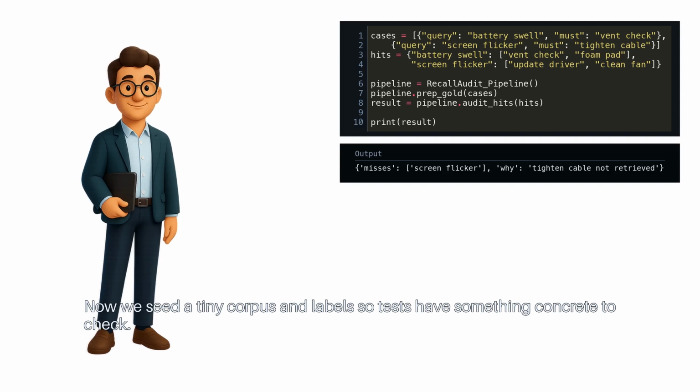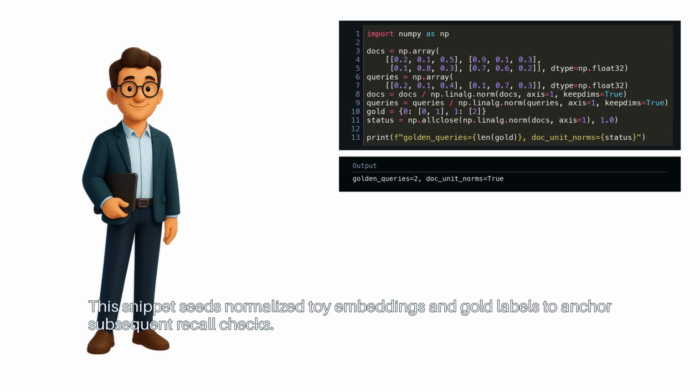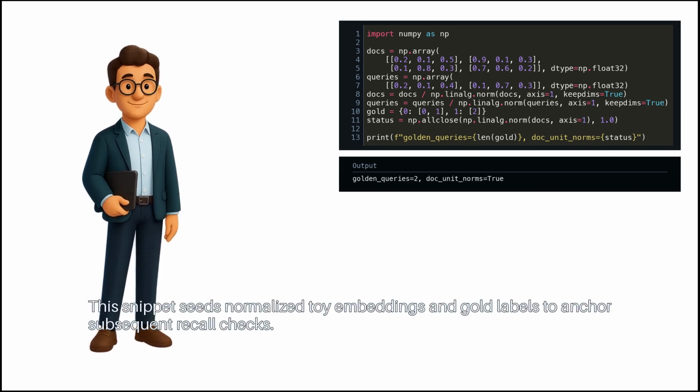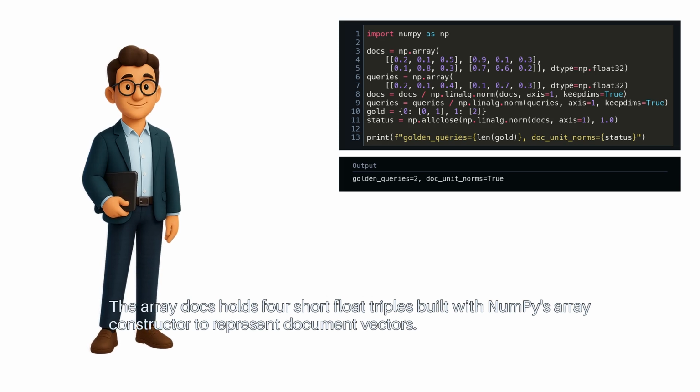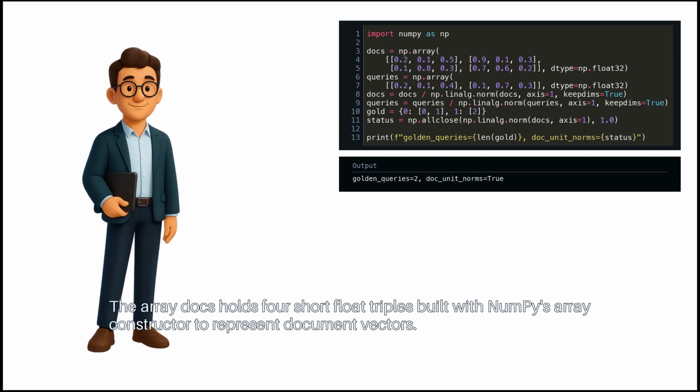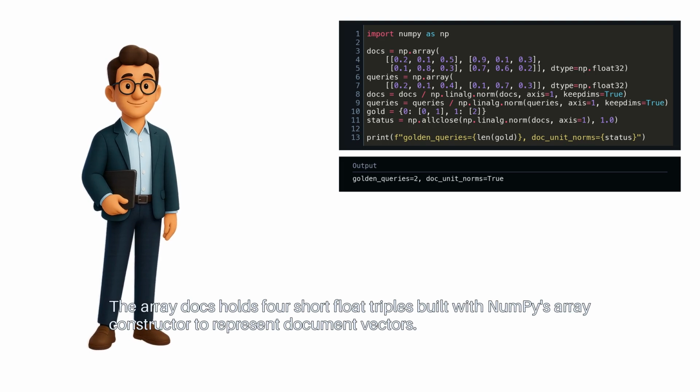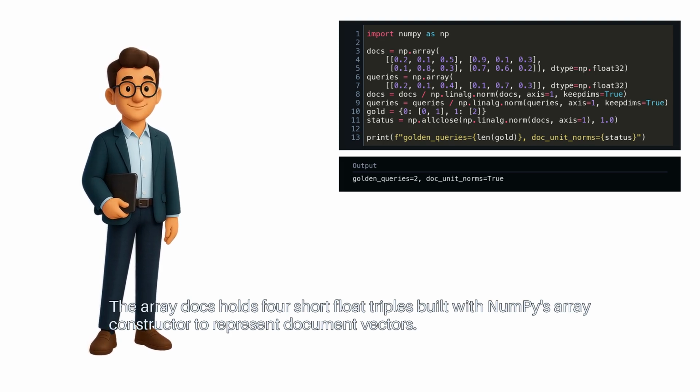Now we seed a tiny corpus and labels, so tests have something concrete to check. This snippet seeds normalized toy embeddings and gold labels to anchor subsequent recall checks. The array docs holds 4 short float triples built with NumPy's array constructor to represent document vectors.